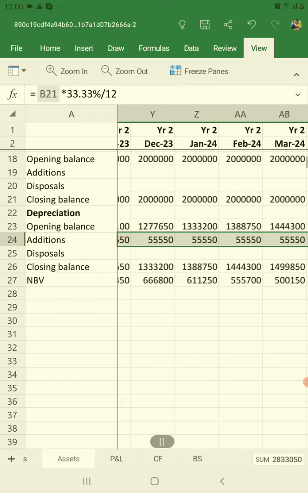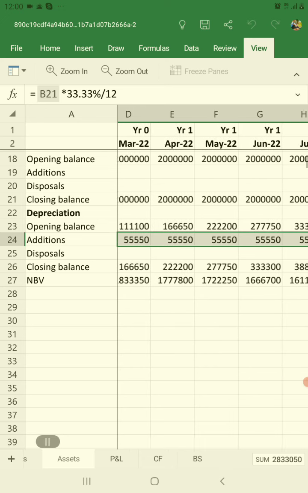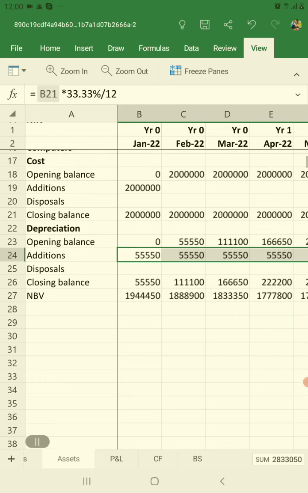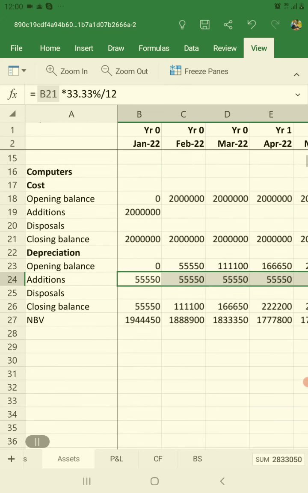So we are also done with modeling for computers, because the rest of the cells have formulas, so Excel automatically generated the output for those after putting additions on both cost and depreciation.